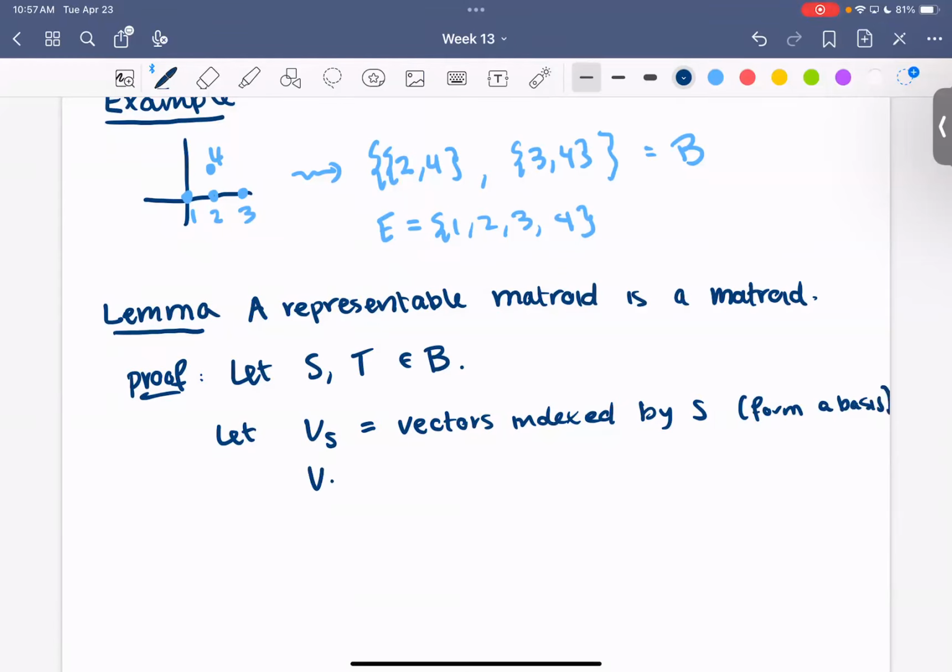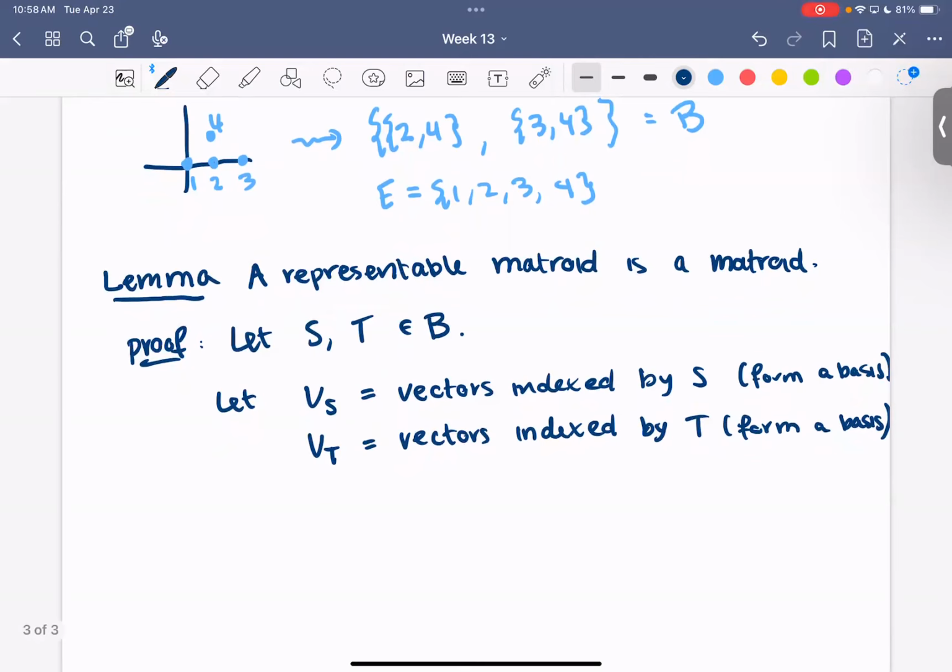And same thing for V sub T. Now I'm going to delete any vector from VS to form VS prime.